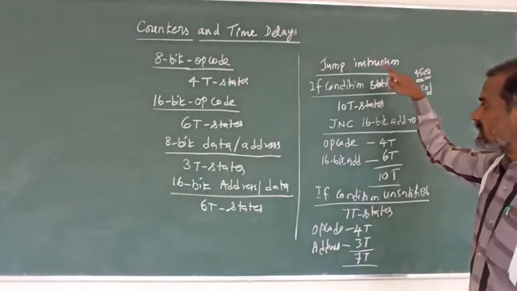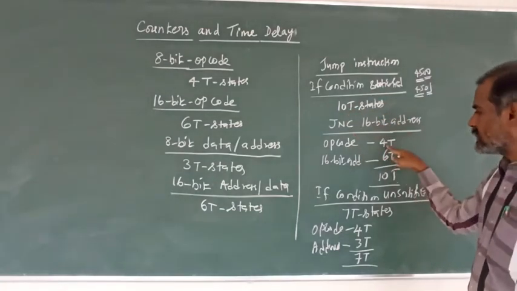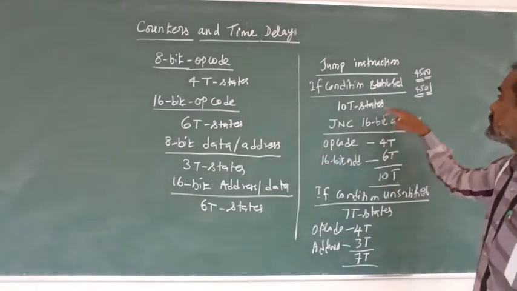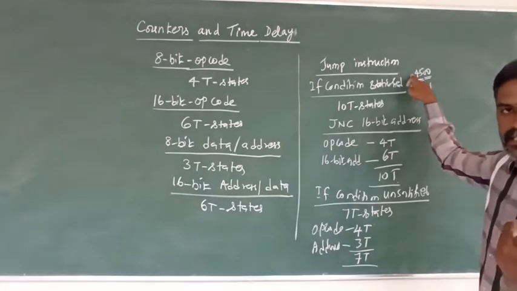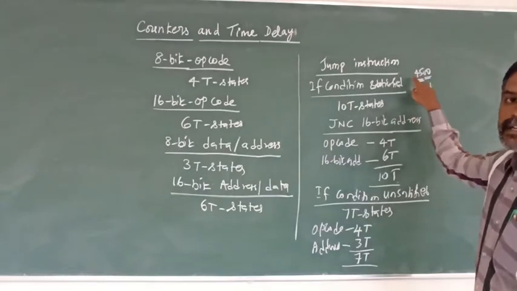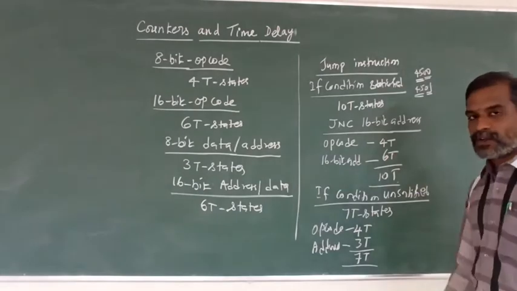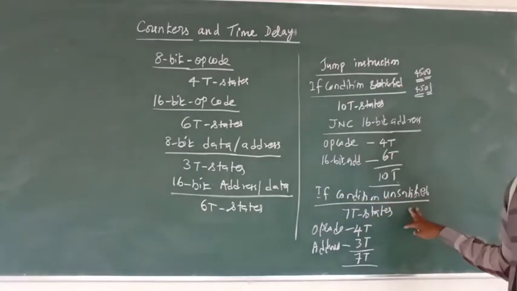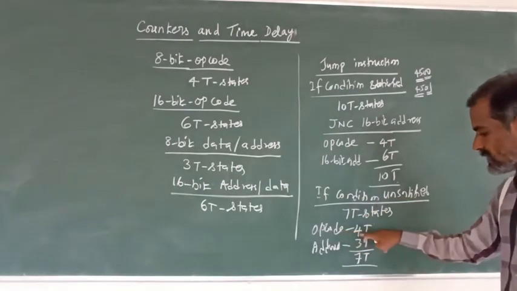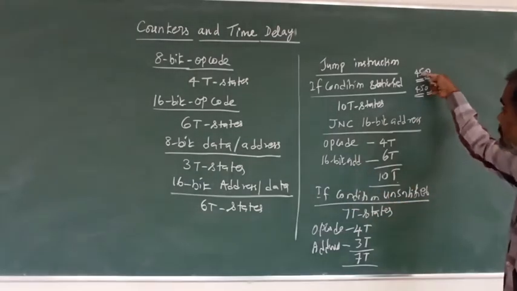Jump, if the condition is satisfied, requires 10 T states: opcode 4 T states and the 16-bit address, where it jumps to the given address, requires 6 T states. Total 10 T states required. Suppose this condition is unsatisfied. Then it requires 7 T states: opcode 4 T states, and since the condition is unsatisfied, it will execute the next address location.